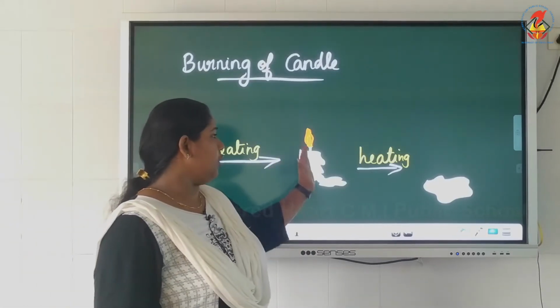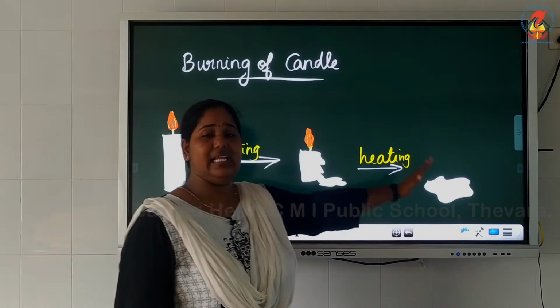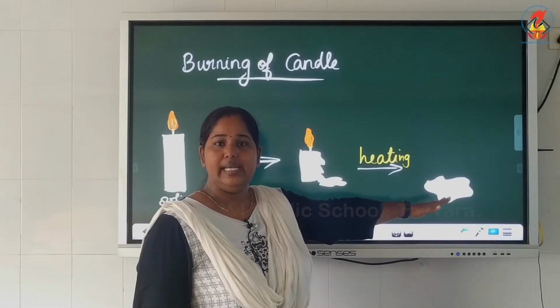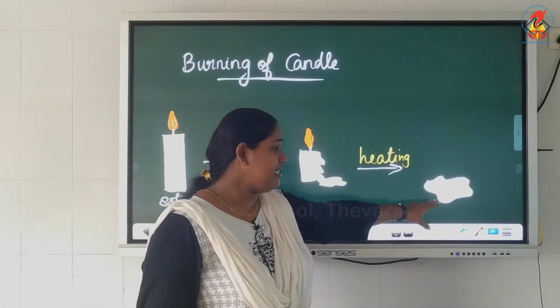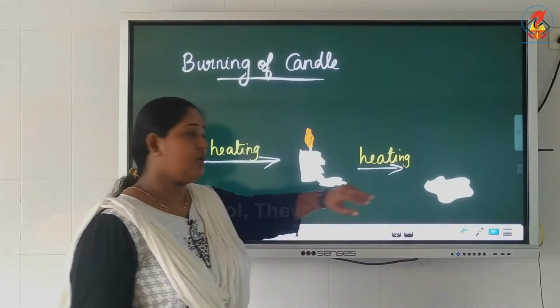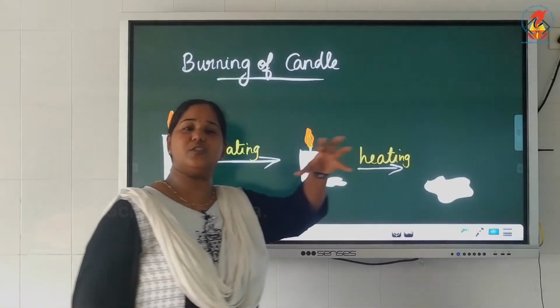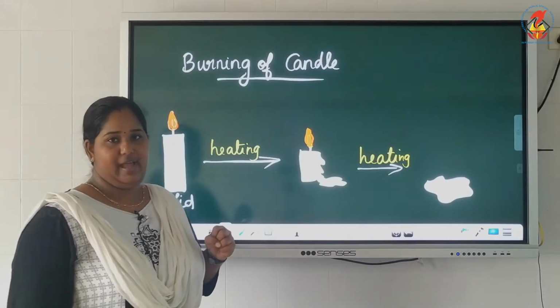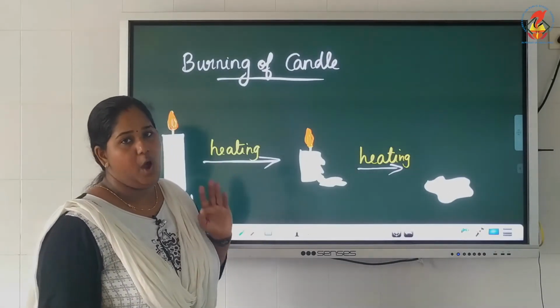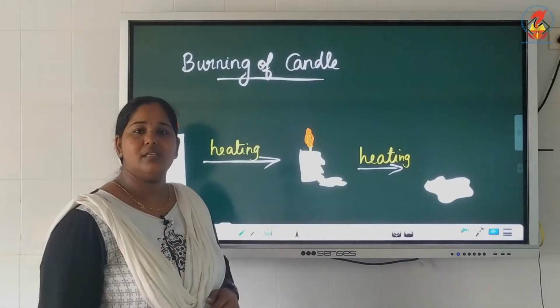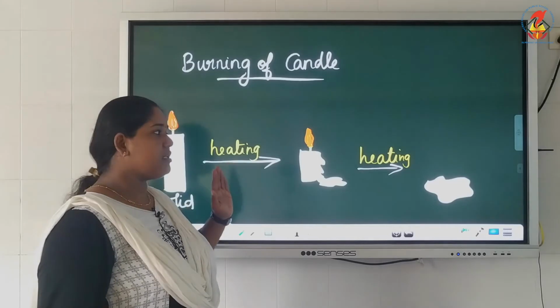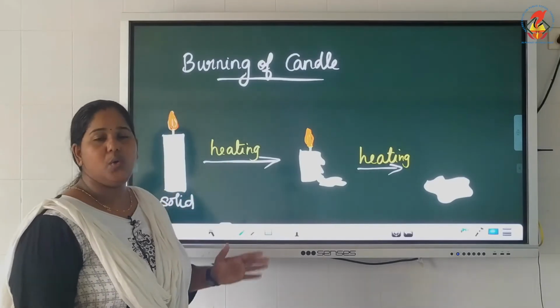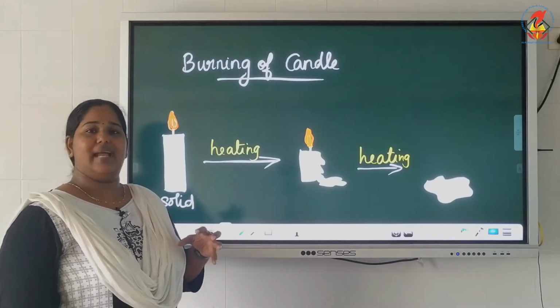So here I have shown this candle has completely changed into liquid wax on heating. When this is cooled, it again changes to what? Solid wax. But the shape will not be obtained. The wax will be in solid state. So this is also an example showing how to change one state of matter into another.